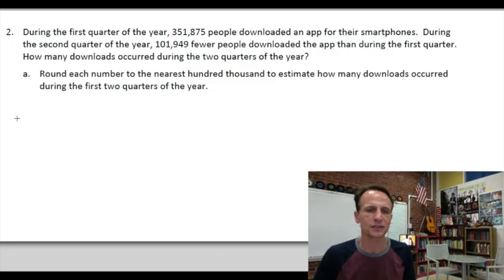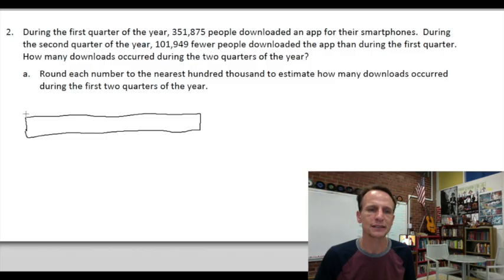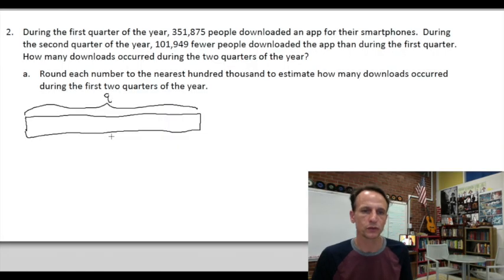If we were to draw a tape diagram on this, it would be a little tricky, to be honest. This is different because what we're trying to find is the whole shebang, right? We're trying to find the first 2 quarters. So, let's call that Q. That's what we don't know.